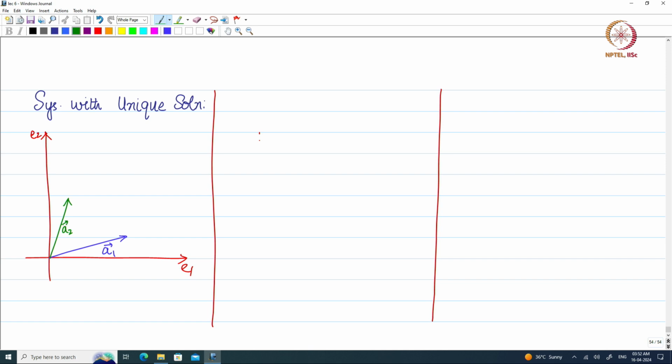Then we have a system with unique solution, because for every B we can find scalars such that B can be written as a linear combination of the two columns of the matrix, namely A1 and A2. We have already seen that you can complete a parallelogram here, which means it will have a finite area, that means the determinant is not equal to 0.